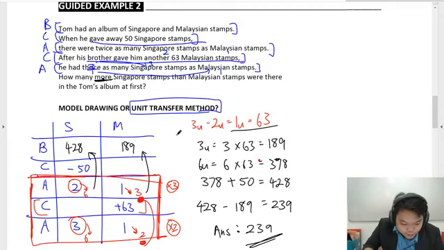Stefan is asking, is there another method? Yes, you can do it by model as well. Okay, Belinda is asking why plus, not minus. See, this is going forward.